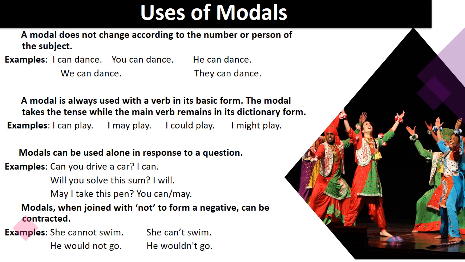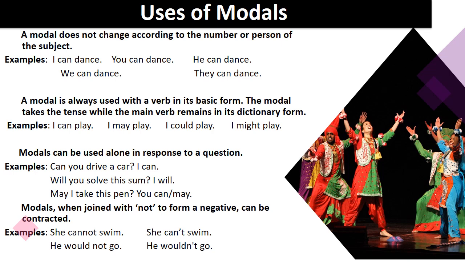Next usage. A modal is always used with a verb in its basic form. Basic form is the first form of the verb. The modal takes the tense while the main verb remains in its dictionary form. For example, I can play, first form of verb, I may play, I could play, I might play.